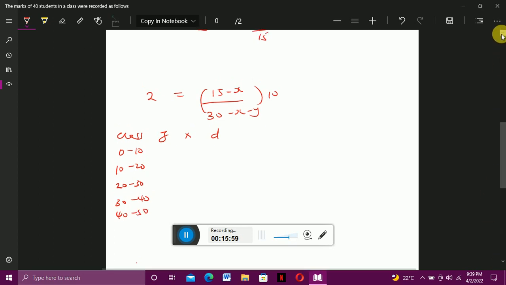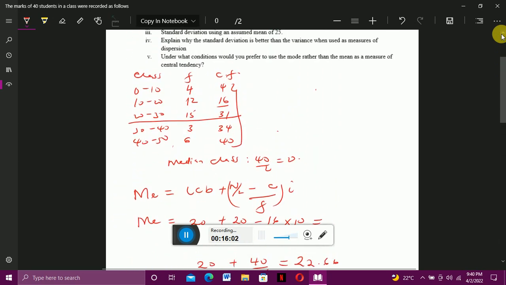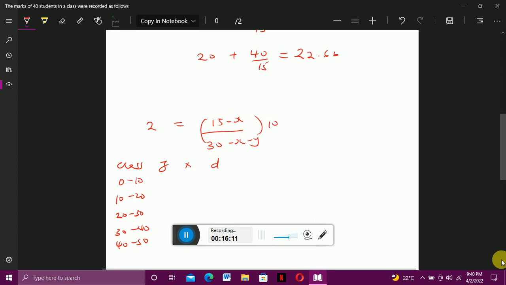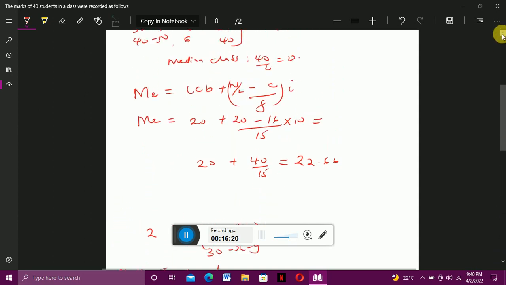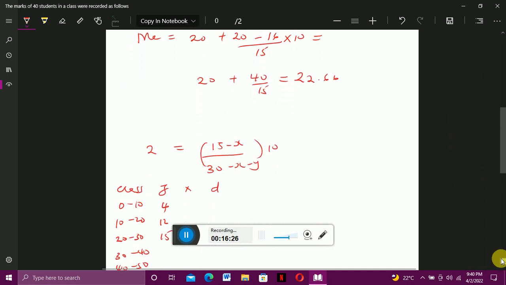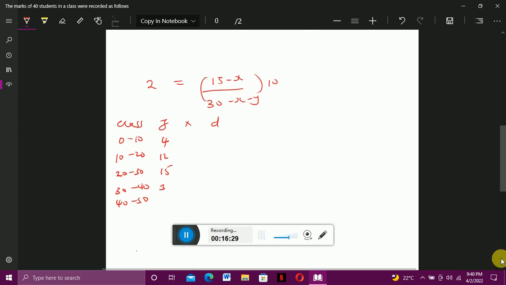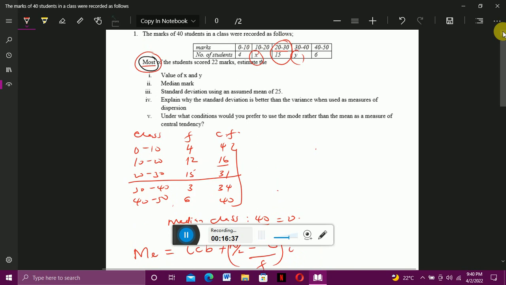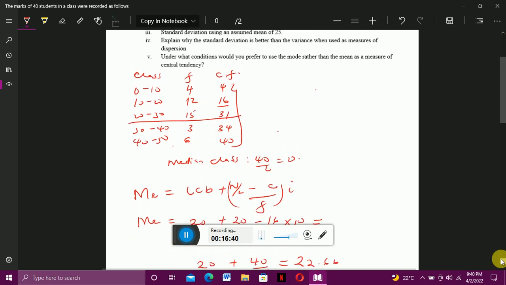The frequencies are 4, 12, 15, and then we have 3 and 6. We have been told to use 25 as an assumed mean.